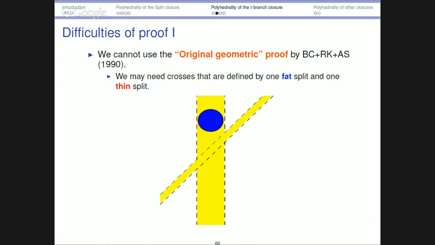The problem is that these are not finitely many crosses, because these thin splits could be infinitely many. Before we had finitely many fat splits, but here we don't have finitely many fat crosses. So this is one problem. We cannot use the original geometric proof.